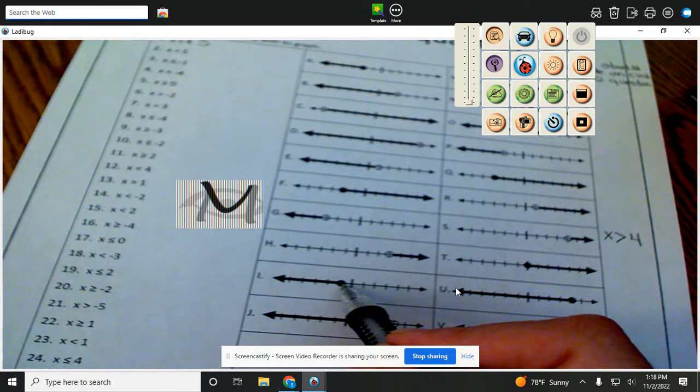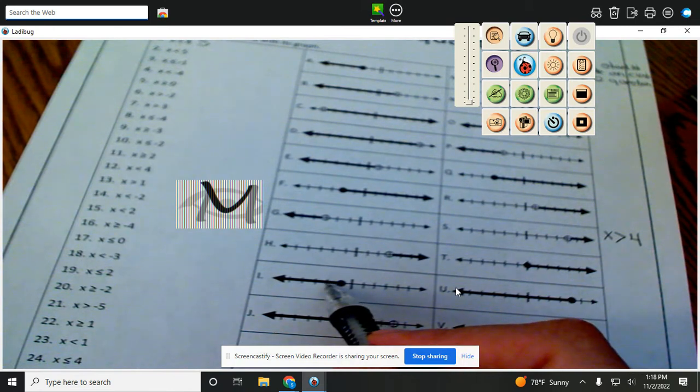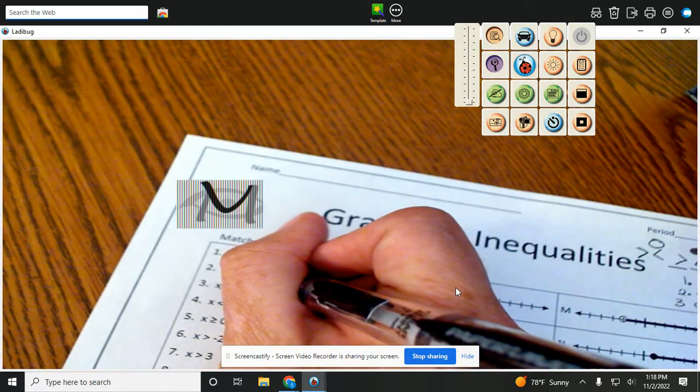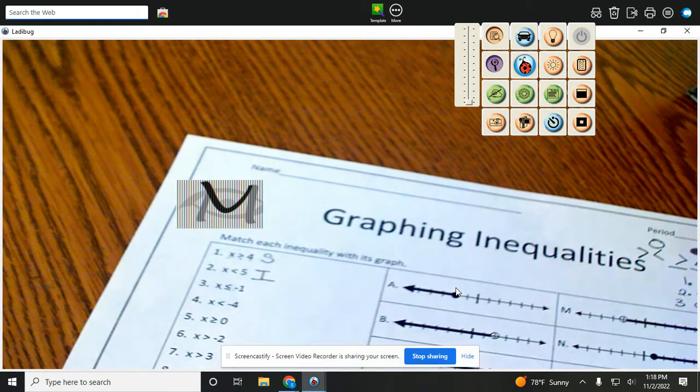We are looking for something special. Because it is less than or equal to, it's my black diamond. Now let's ask ourselves 2 questions. Is negative 2 less than or equal to negative 1? Yes, it's smaller. Is negative 3 less than or equal to negative 1? Yes. So up here, we're going to put an I for this one.